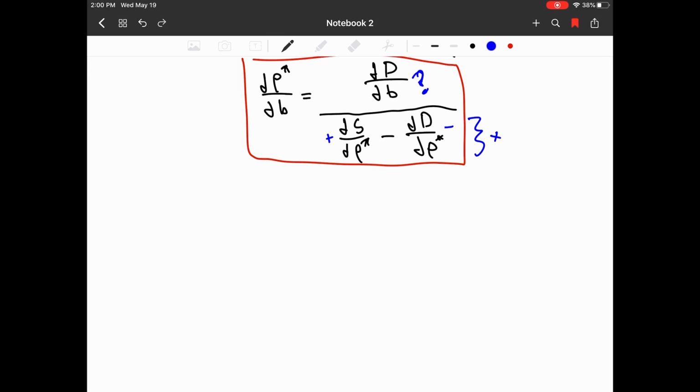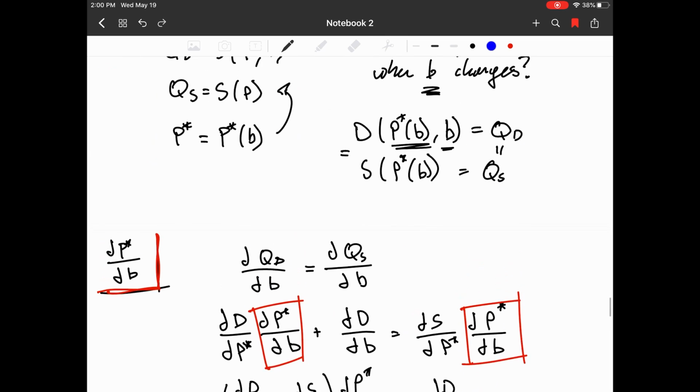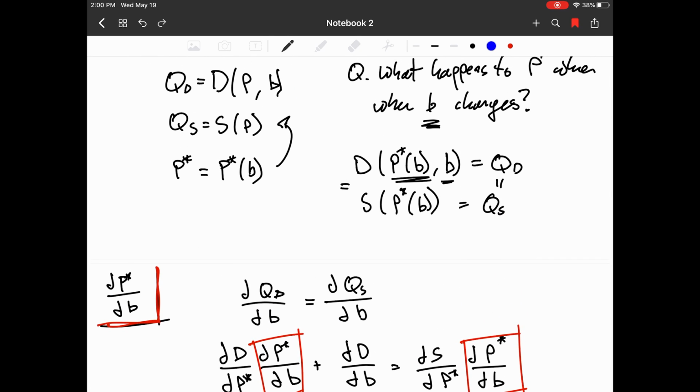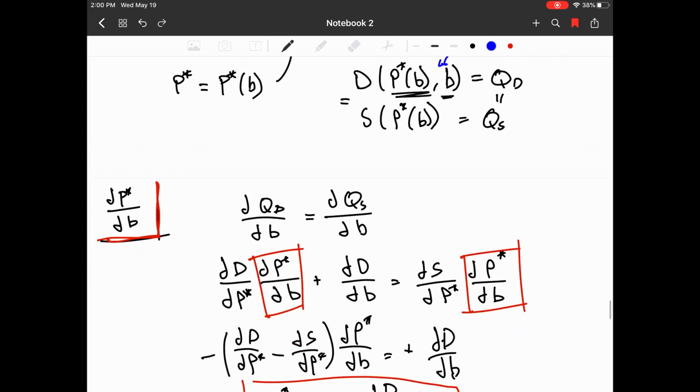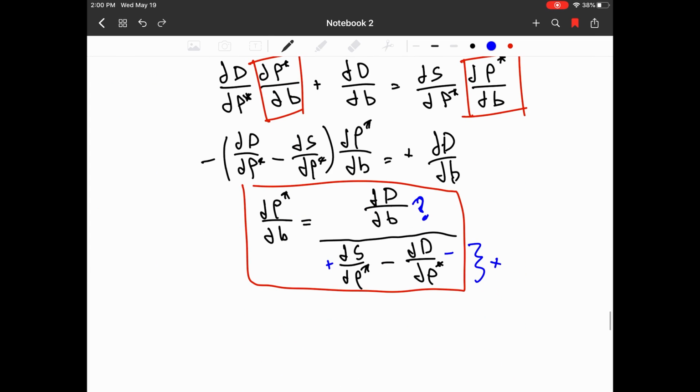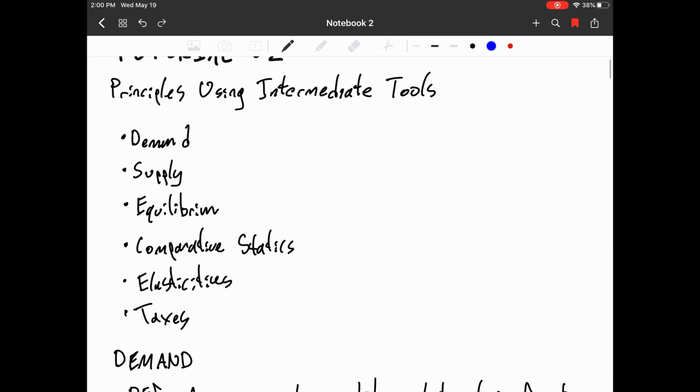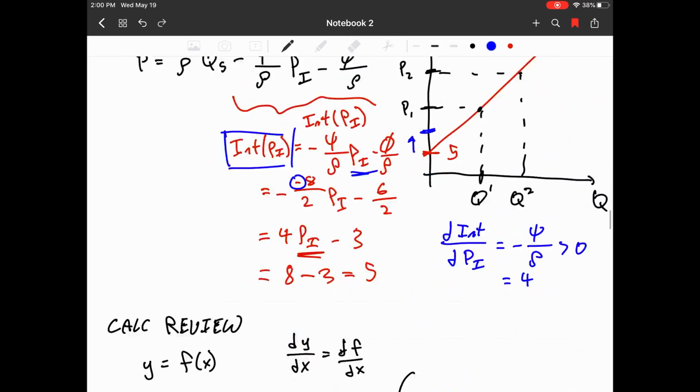So let's say b is income. So when b is an input into the demand curve directly, if b is income, the derivative of the demand curve with respect to b is going to be positive if it's a normal good, and if it's an inferior good, the derivative is going to be negative.